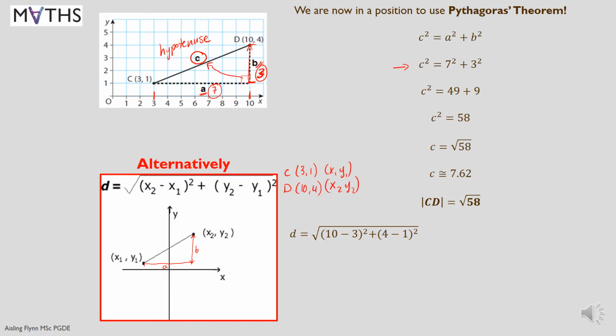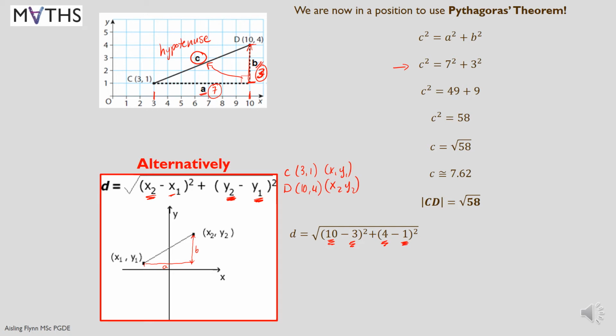So substituting that into the distance formula, x2 is 10, subtract x1 from C is 3, plus y2 from D was 4, and y1 from C was 1.